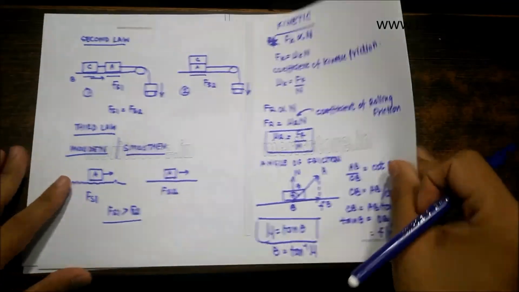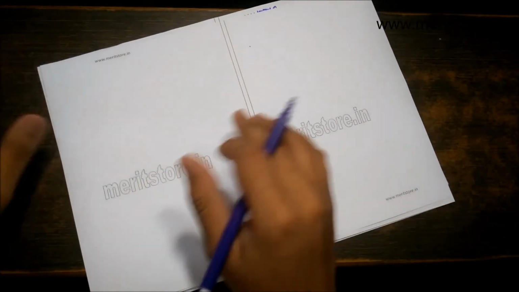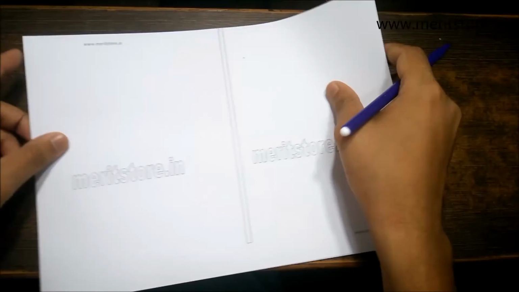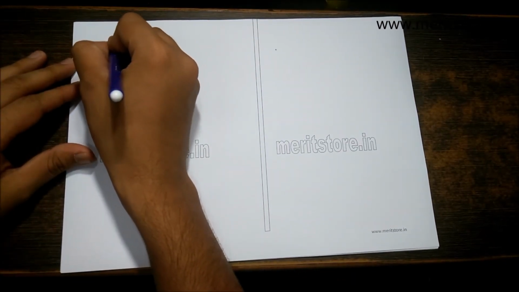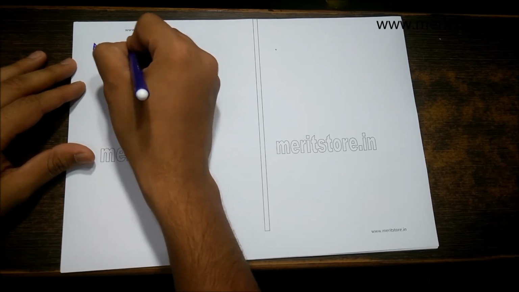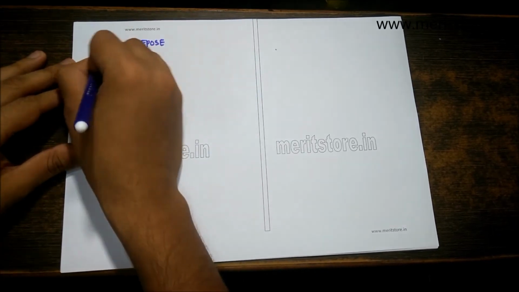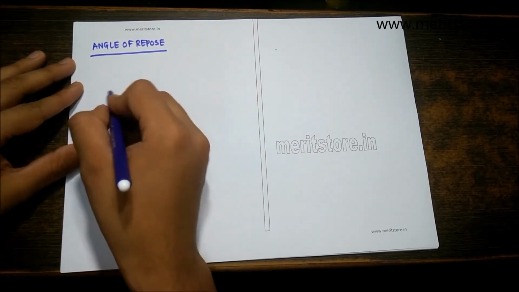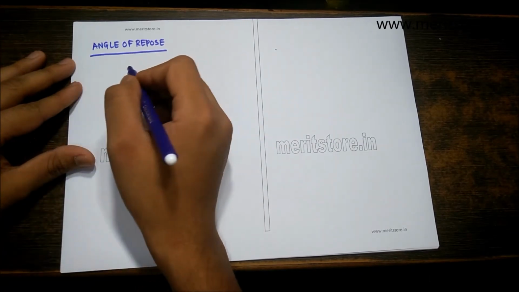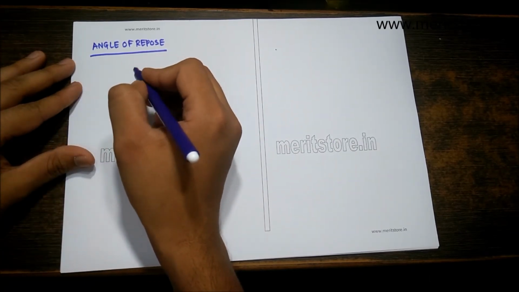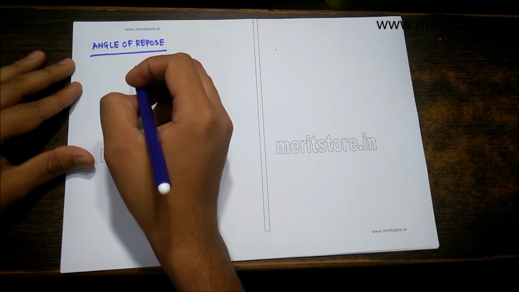The next concept that we'll be moving on to is the angle of repose. The angle of repose is basically the angle which an inclined plane makes with the horizontal so that a body placed over it just begins to slide off of its own accord.